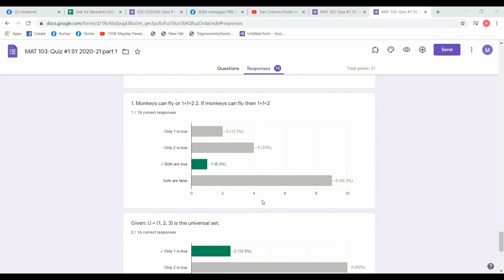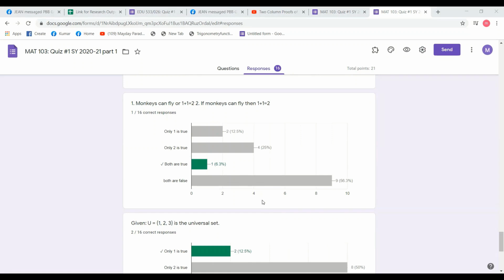Then in the if-then statement, the conditional statement, the statement is only false when the if statement is true and the then conclusion is false. So if true then false, that is a false statement.